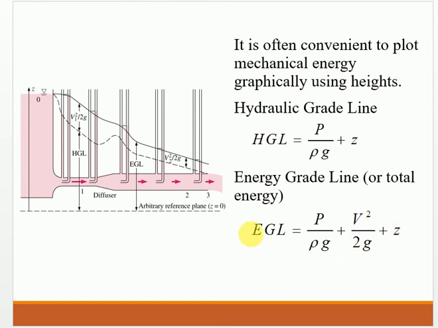The total energy line will be pressure head, kinetic head, and datum head, but the hydraulic gradient line will be pressure head plus datum head. Or we can say the hydraulic gradient line is equal to the total energy line minus the kinetic head, V square by 2g. If you subtract V square by 2g from the total head, we can find the hydraulic gradient line and how it actually flows. We will see some sample problems, then you will understand much more clearly. So thank you for watching guys.